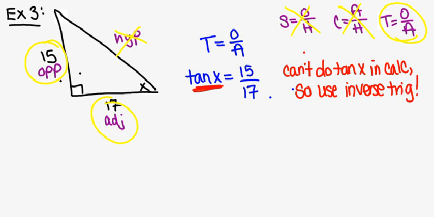So I'm going to use inverse tangent on the left side. And if I use inverse tangent on the left side, I of course need to use inverse tangent on the right side.